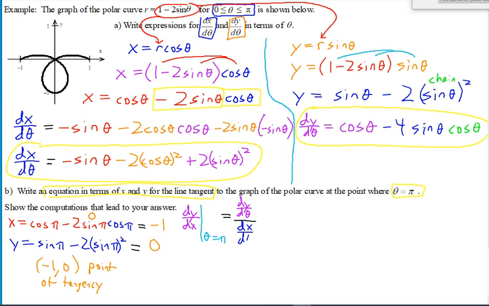The difference is, we're going to substitute in theta equals pi into each of these. Okay, so let's substitute in pi into dy/dθ first. Right here, so that's going to be cosine of pi minus 4 sine of pi cosine of pi.